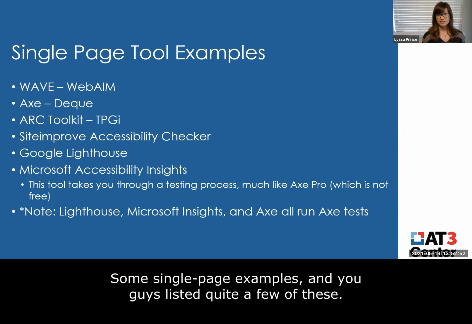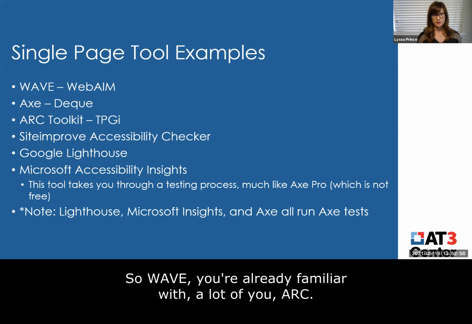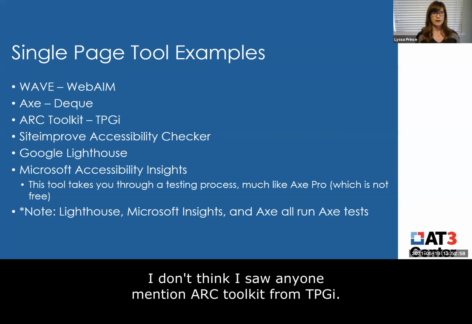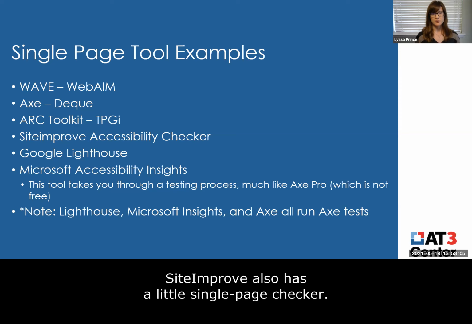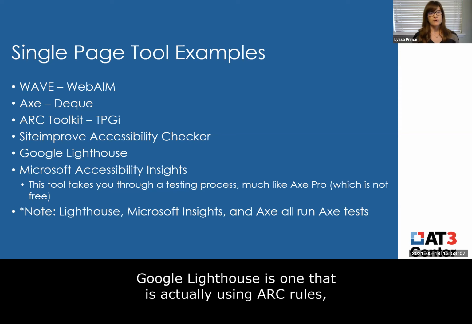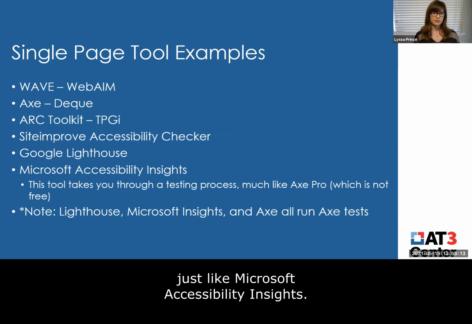Some single page tool examples. And you guys listed quite a few of these. So Wave, a lot of you are already familiar with. Axe. I don't think I saw anyone mention ARC Toolkit from TPGi. Siteimprove also has a little single page checker. Google Lighthouse is one that is actually using Axe rules, just like Microsoft Accessibility Insights.